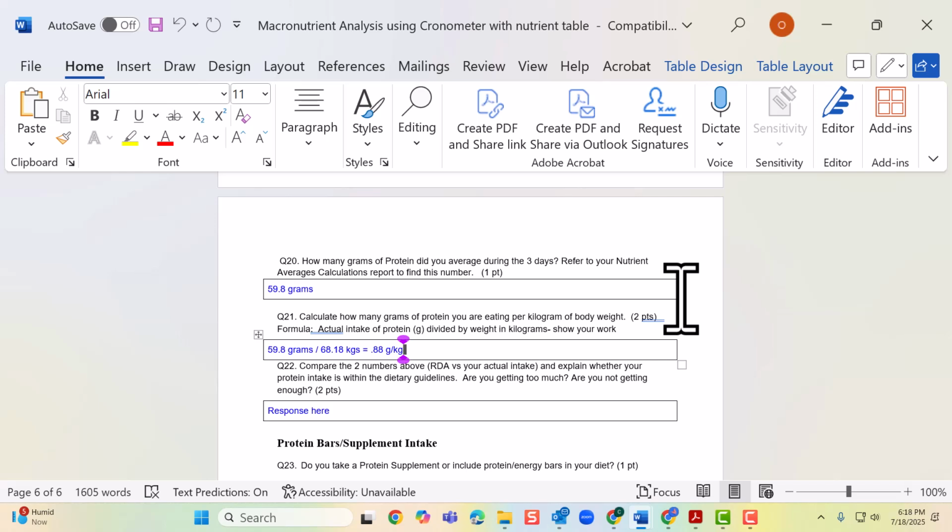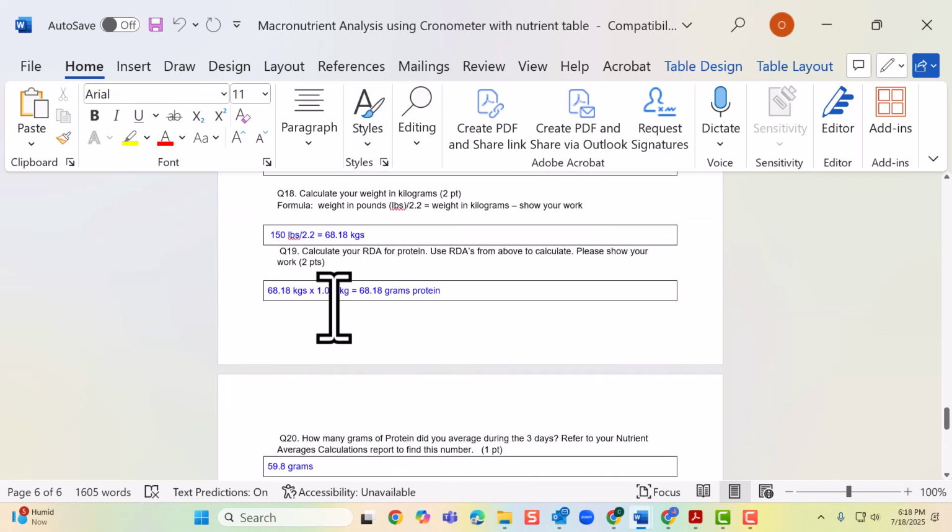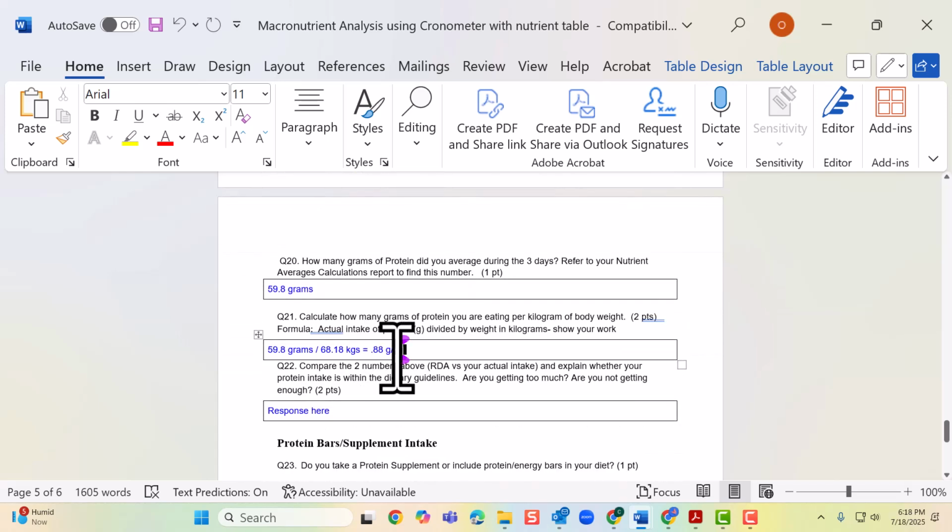When I ask you to analyze this intake, that actually means compare this number, your grams per kilo, to the RDA you used. I used 1 gram per kilo, but I'm only getting 0.88, which is less than 1 gram.